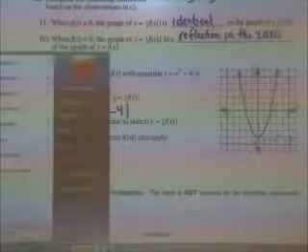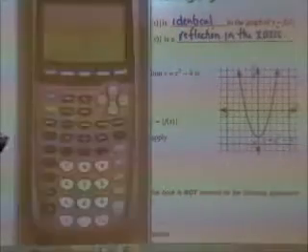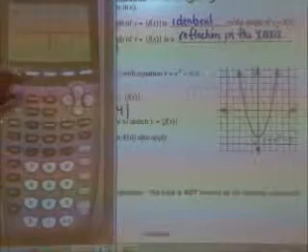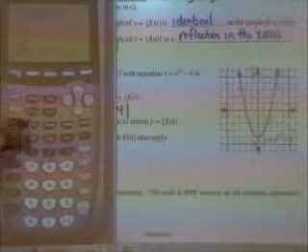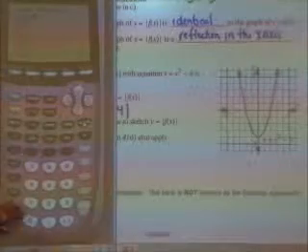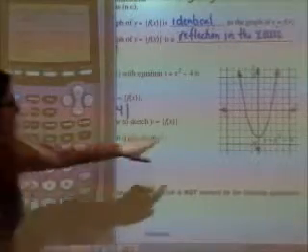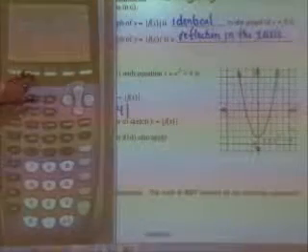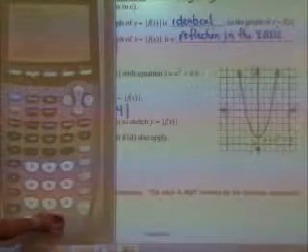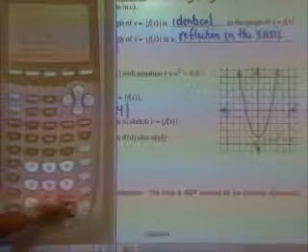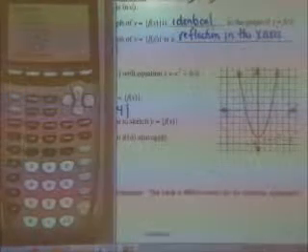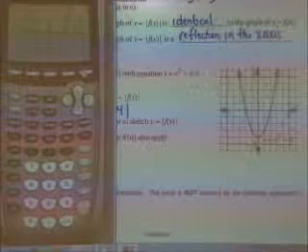So if we grab our calculator, I have y equals, and my first equation would be x squared minus 4. The window settings go from negative 5 to 5, negative 5 to 5. So if I graph, there's my first equation, already drawn for me.